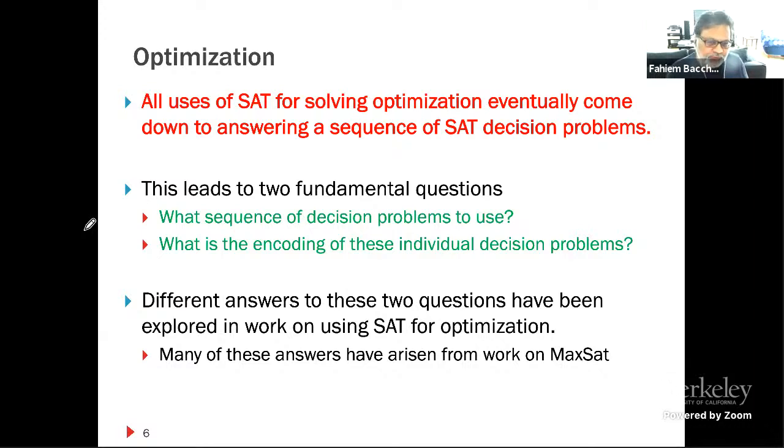What has happened in this area is that the types of decision problems that are asked and the encoding of these individual problems, that's where a lot of innovation has occurred, in order to make more effective decision problems and smaller sequences of decision problems that can then solve the optimization problems. A lot of this work about what decision problems to ask and how to encode them has in fact occurred in work on MaxSat. And we're going to talk about some of that work.